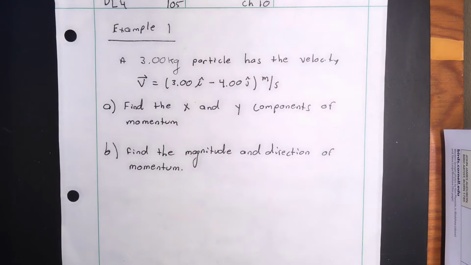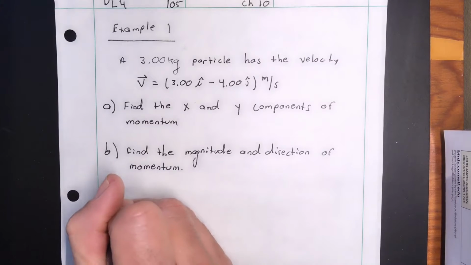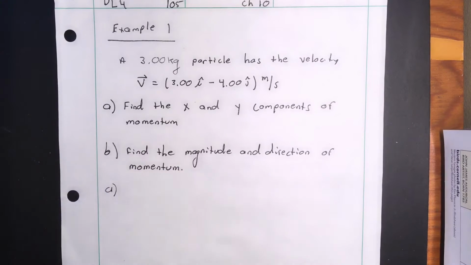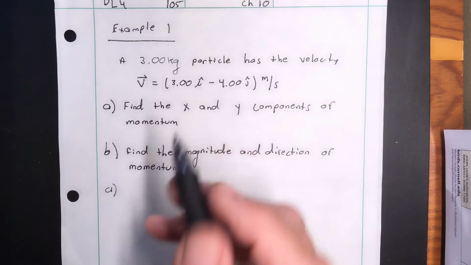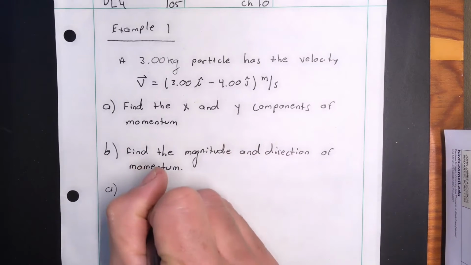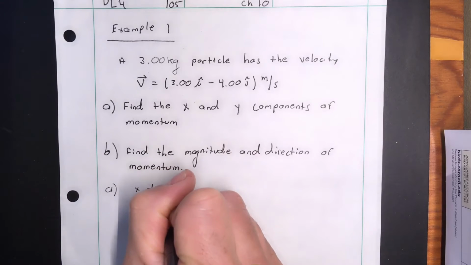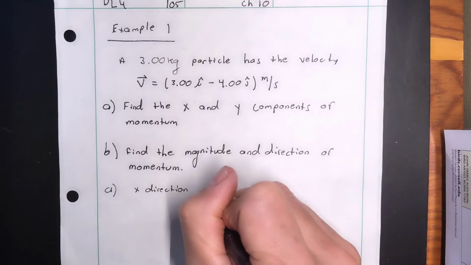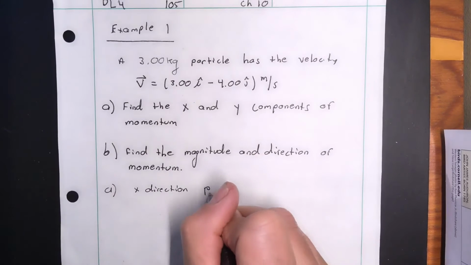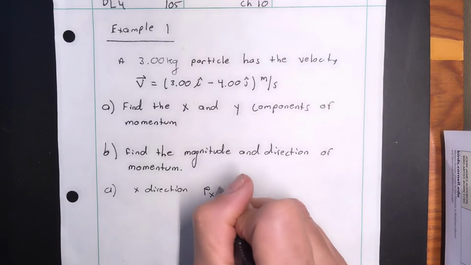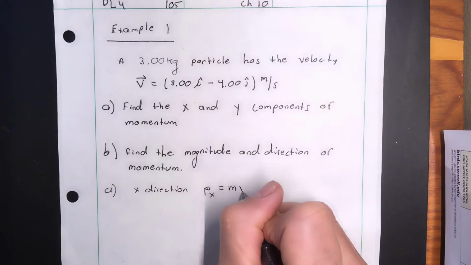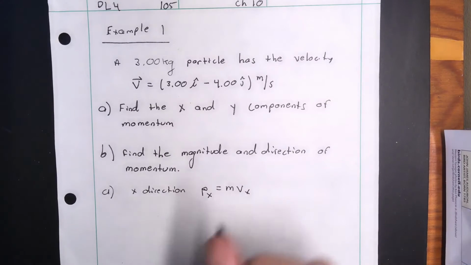All right, so work on part A first. The x and y components of the momentum. So momentum is just mass times velocity. So in the x direction, we'll call that Px, it is going to be the mass times the velocity in the x direction.